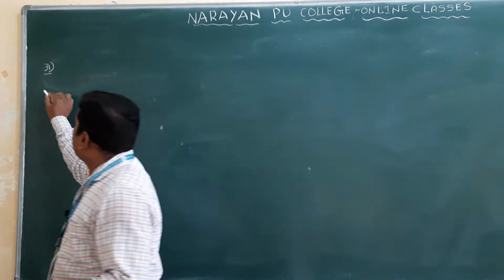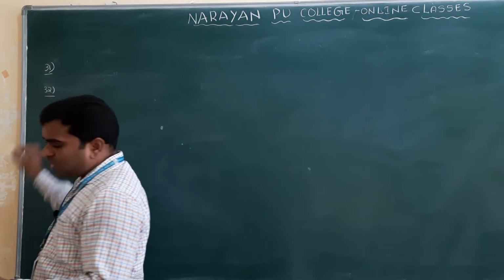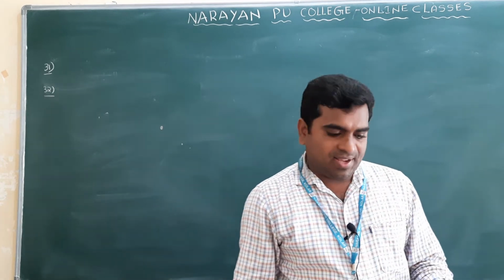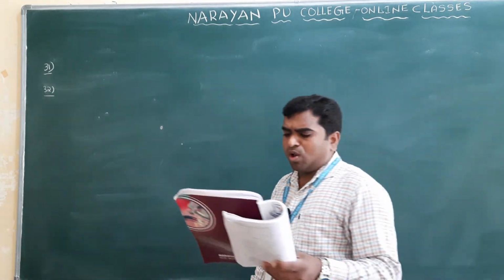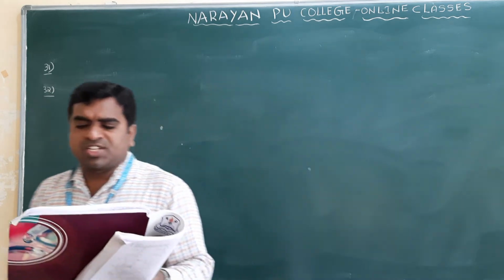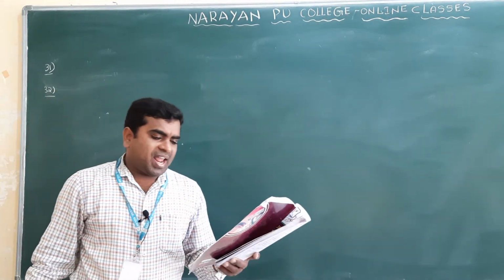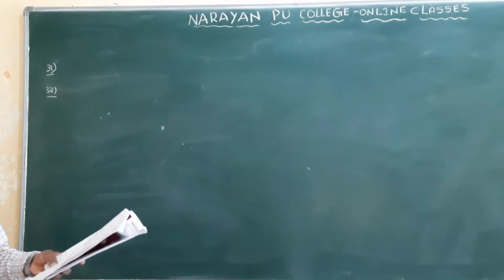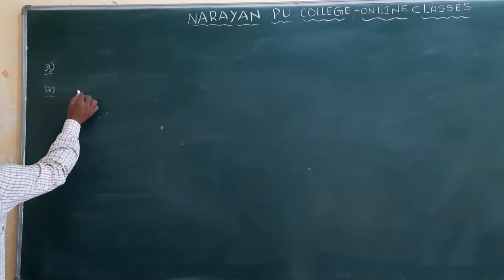And question number 32. We have already discussed this question in alcohols, phenols and ethers. Among the following, the one that gives a positive iodoform test upon reaction with iodine and NaOH. What is the iodoform reaction?